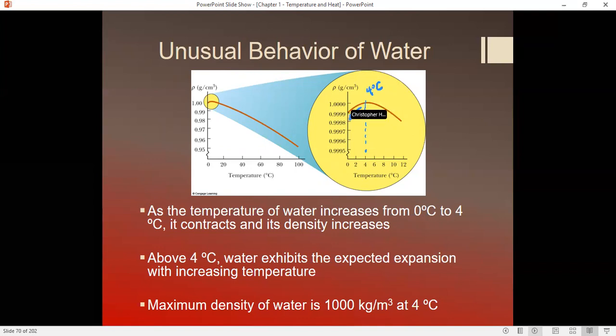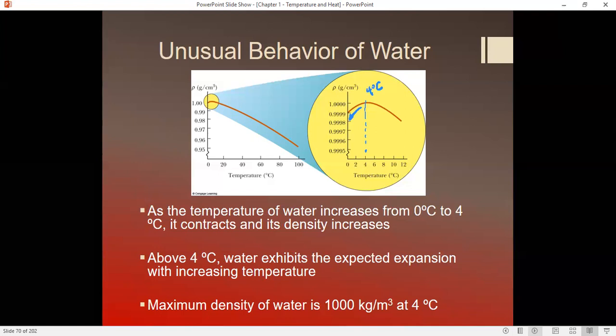Now, we can understand this because as we approach the freezing point of water, the water is beginning to stick from one molecule to another, and it's almost beginning to form the precursors of macroscopic ice crystals, okay?